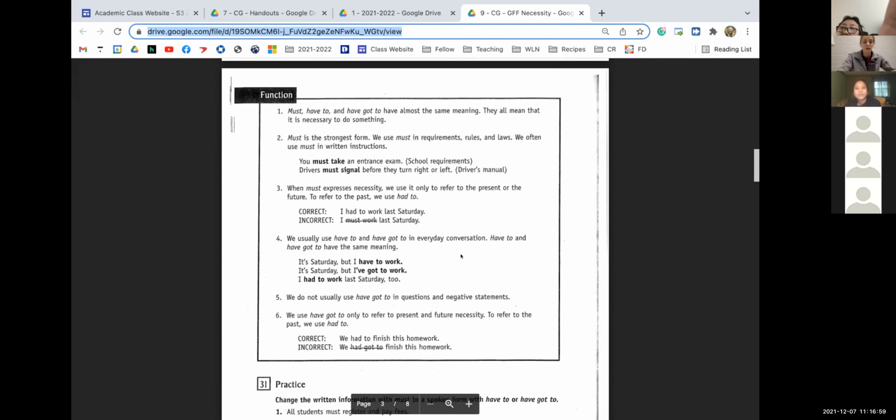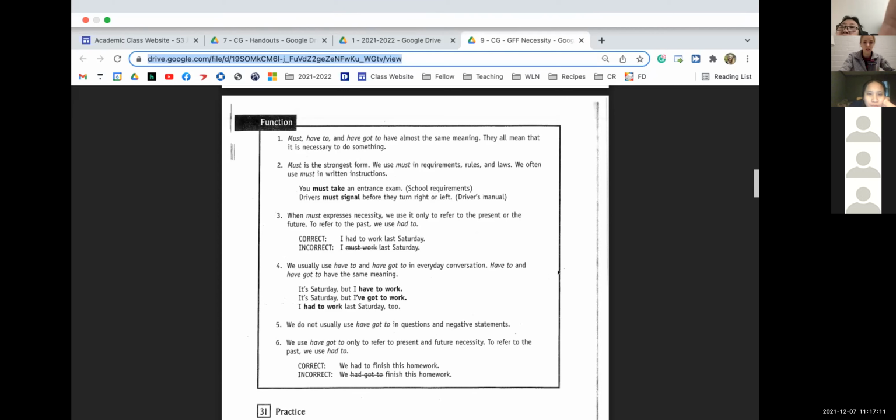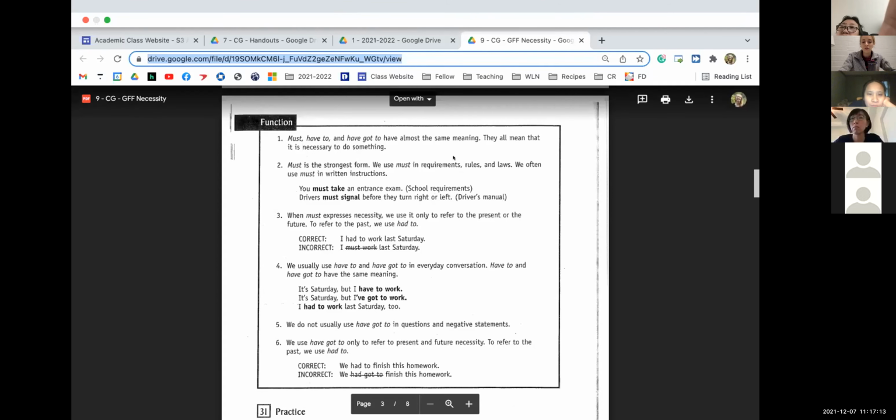All right. These are the rules that I explained on the previous page. We're going to go into our breakout rooms again. I'll give you a couple of minutes to work together. What I'd like for you to do is take a minute on page 3 here and review these 6 rules. You can take turns to read one of the rules together. And after that, come on down to practice number 31.